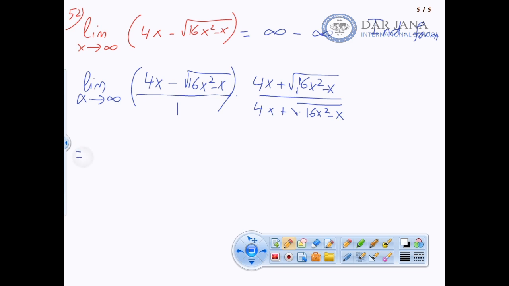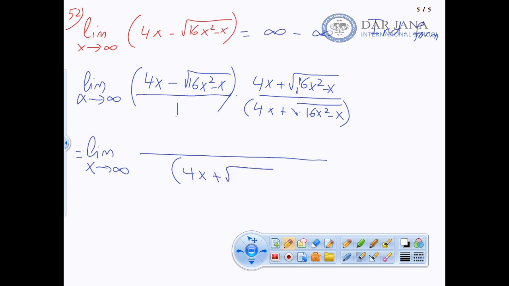Now, the limit as x approaches infinity: the denominator, 1 times this, we can rewrite as 4x plus radical 16x squared minus x.